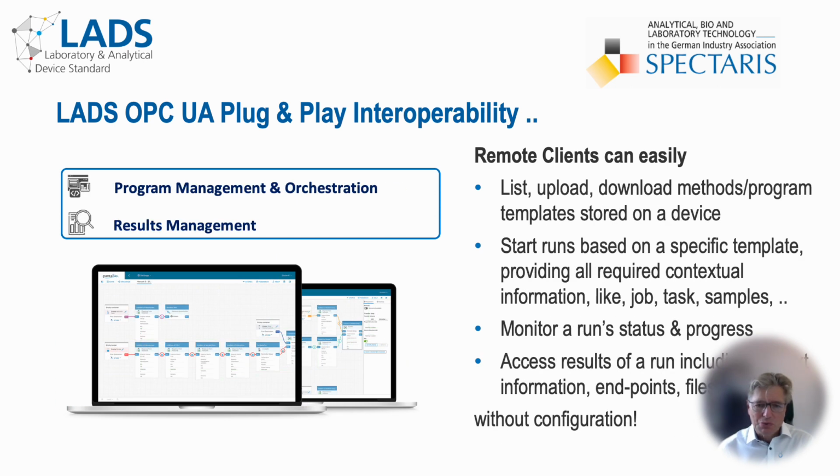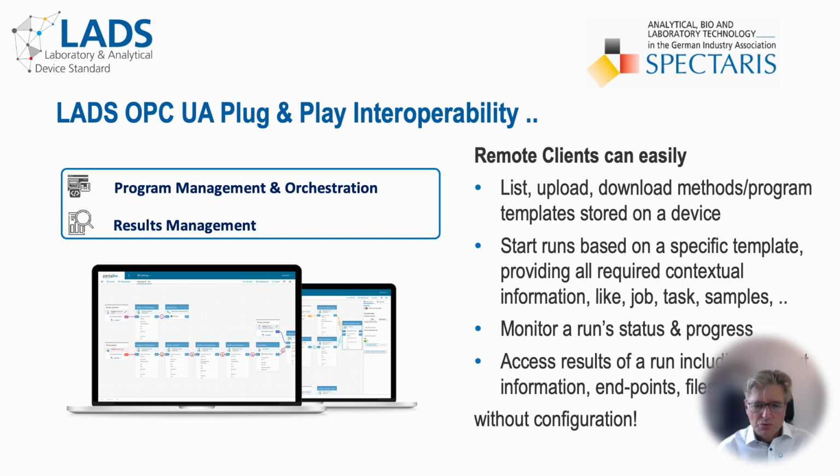The building blocks related to program and result management are vital for remote orchestration use cases. These blocks enable remote clients to effortlessly list, upload, and download program templates stored on the device. Moreover, they allow launching program runs based on specific templates and provide all necessary contextual information such as associated job, associated task, list of samples, parameters, and so on.